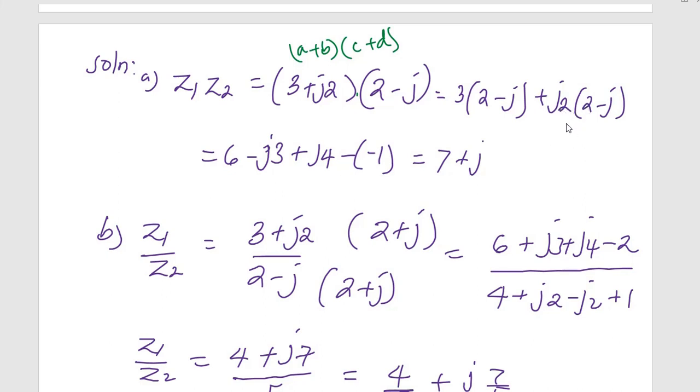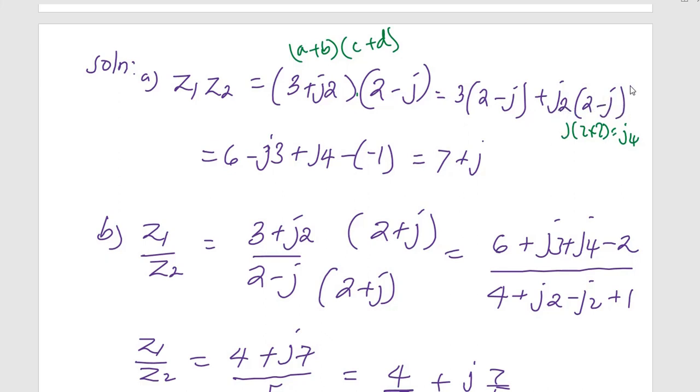It is just like j into 2 times 2, so this will give you j4. Then again, minus, of course, this j2 times -j.